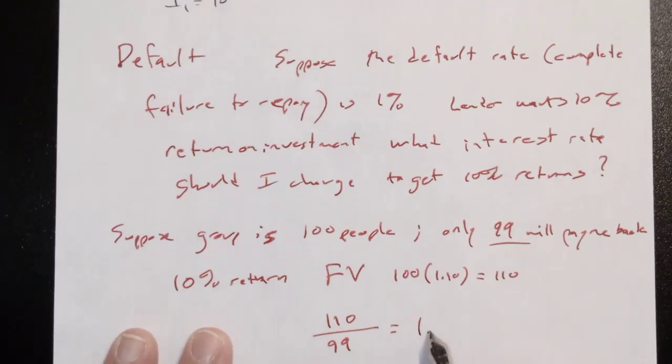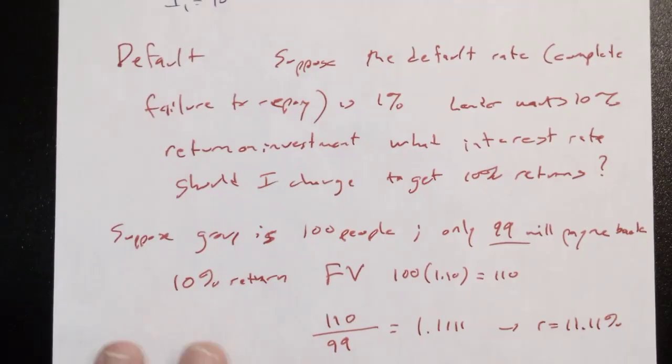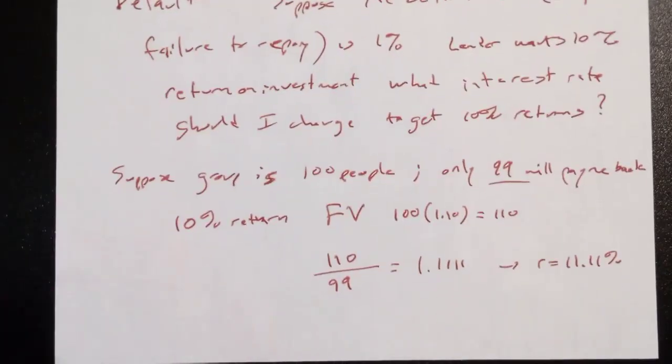Aha. So the interest rate here is 11.11%. I wanted to get 10%. And if everybody was 100% going to pay me back, I'd just charge 10%.